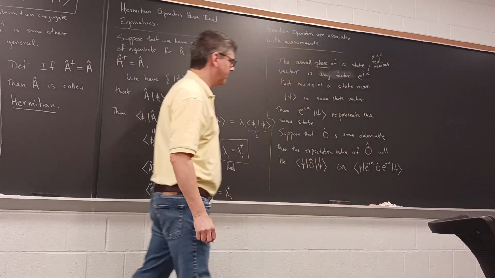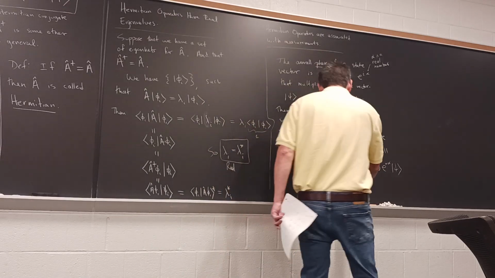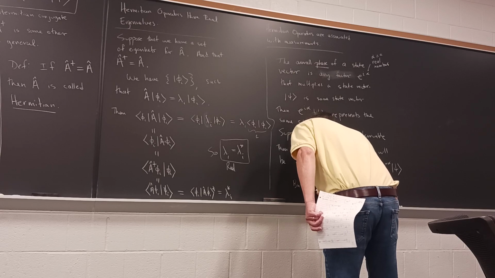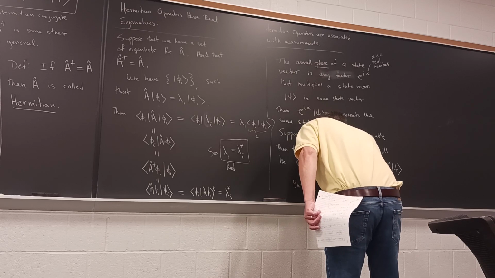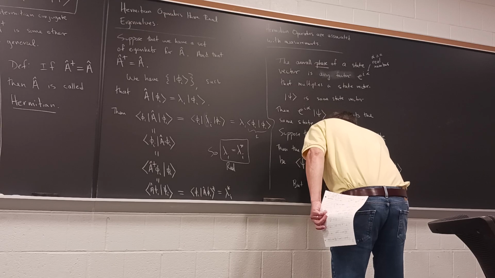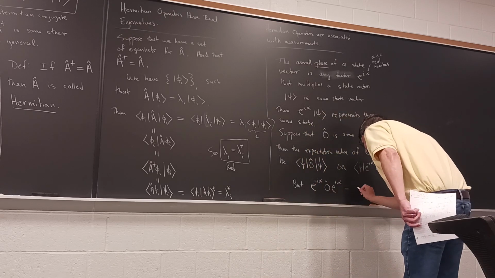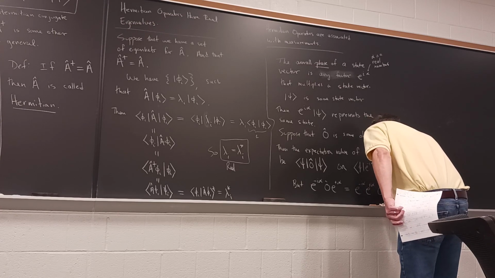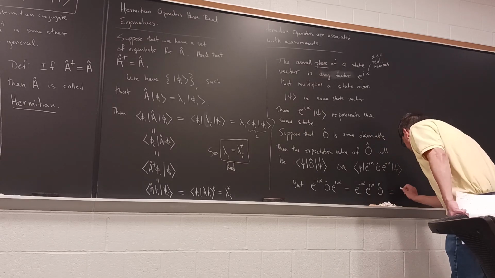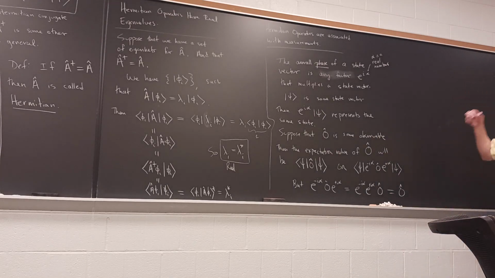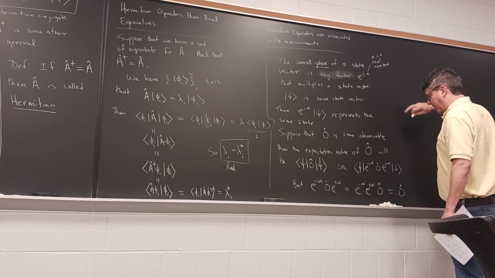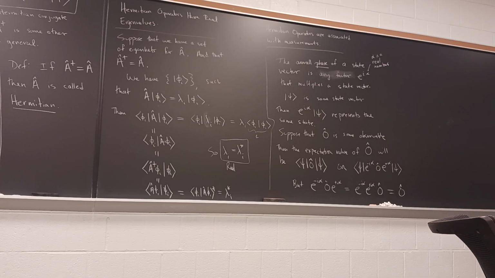And they will be the same because the exponentials here will cancel out. This is just equal to e to the minus I alpha, e to the plus I alpha O hat, and this is just equal to O hat. Okay, so the phase of a state ket will not affect measurements. It's not an observable.